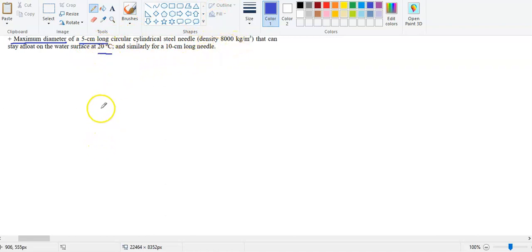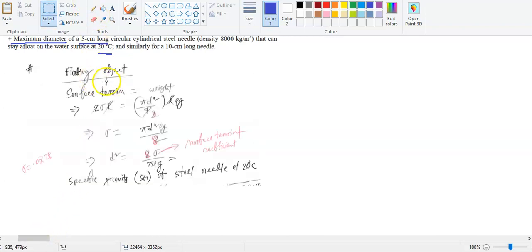Now we need to know when an object cannot float on the water surface. You can remember I explained surface tension earlier. Surface tension is the main mechanism that helps to float an object on the water surface.